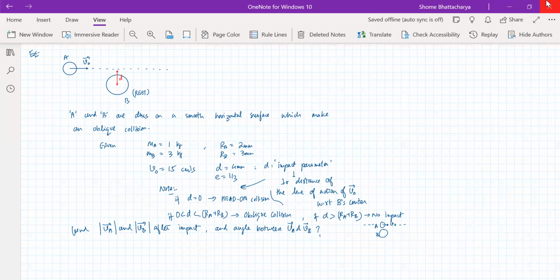If you make this angle theta, the angle between this center to center line and this velocity vector, that is theta. We will use trigonometry for that angle. d is given as 4 and Ra plus Rb is 5. So basically that information will give me the angle.